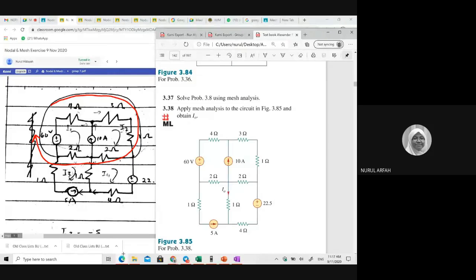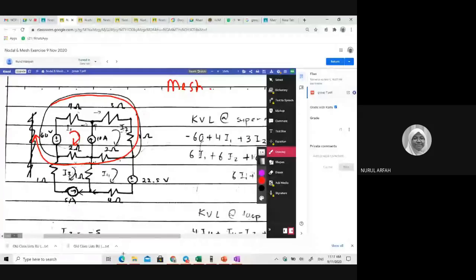Okay. First, I will look at your imaginary current inside. And then you label it properly. This is I1, I2, I3, and this is I4. Okay, this is I4. And then I will look at your super mesh.